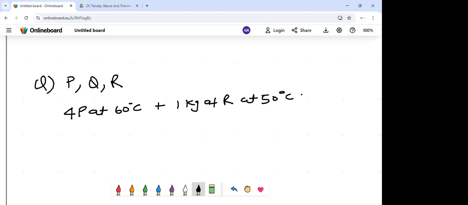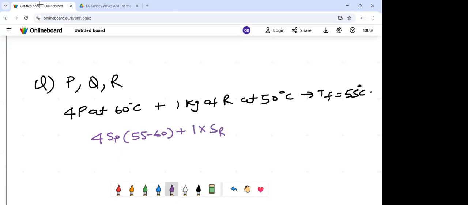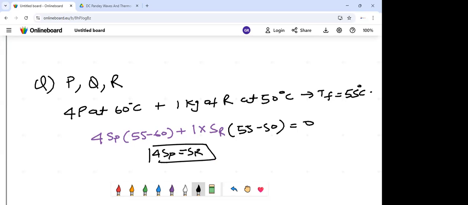Resultant is 55. So we can get the first equation from here. 4 into specific heat of P into (55 minus 60) plus 1 into specific heat of R into (55 minus 50) equals 0. So we'll get 4 times specific heat of P equals specific heat of R. Right?